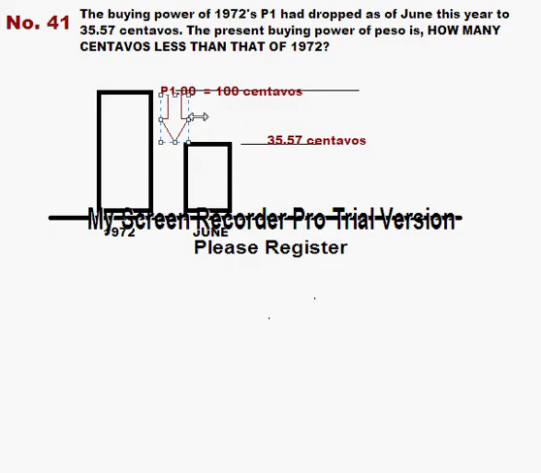We'll consider that to be some value x. This is what we are looking for: that point to this point. This is very simple: 1 peso minus 35.57.